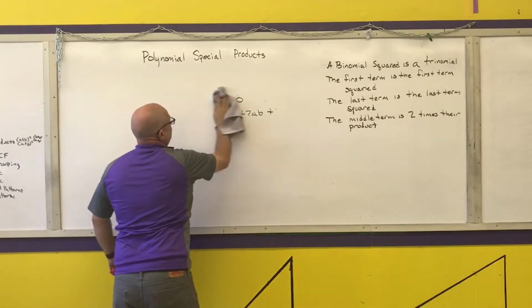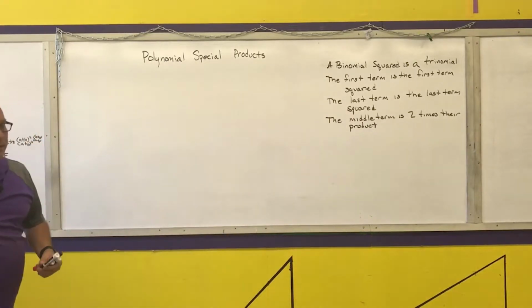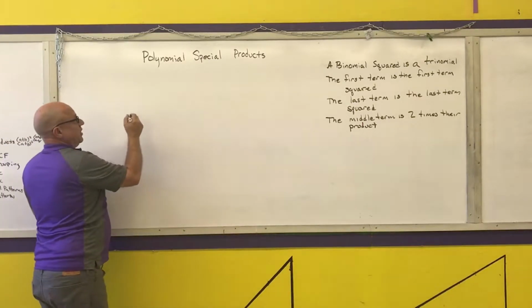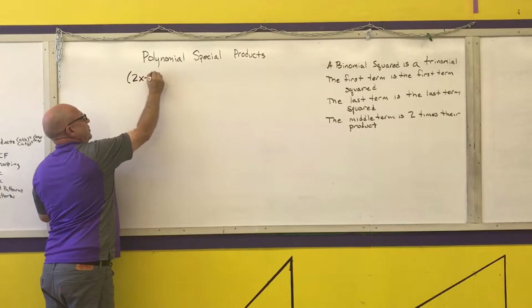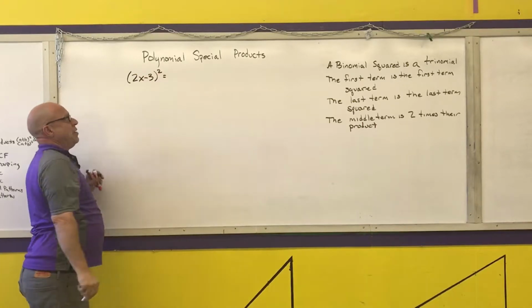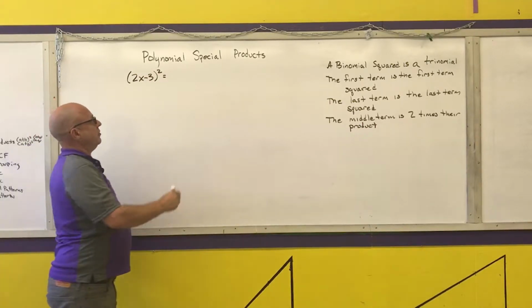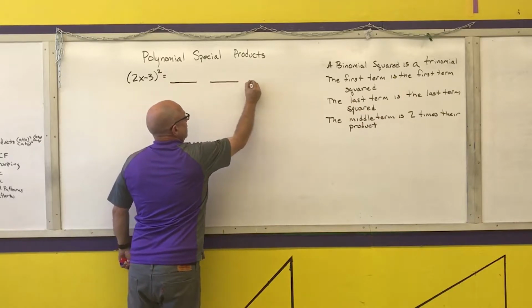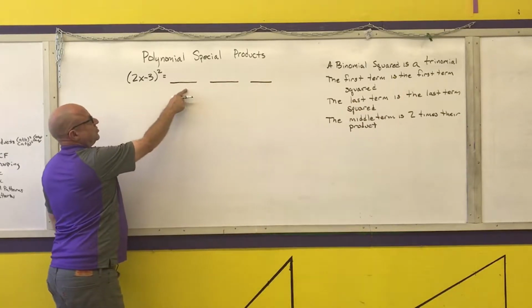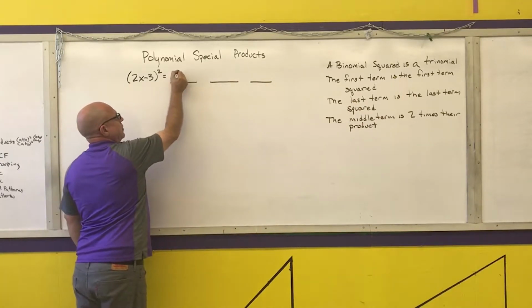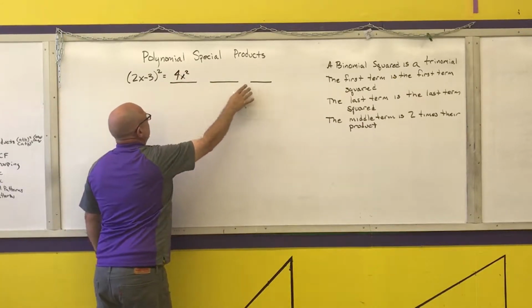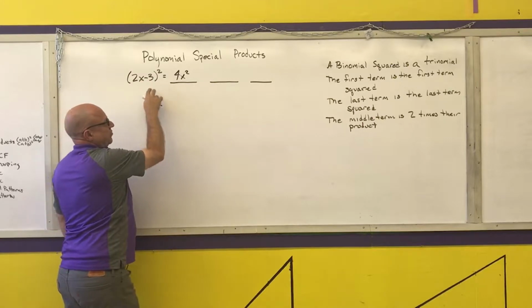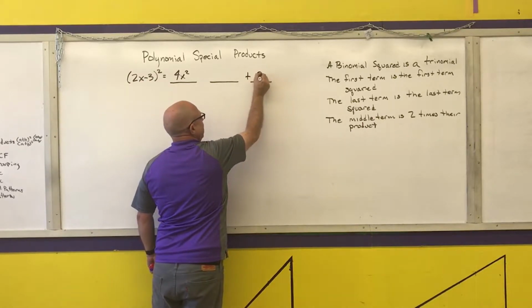So the square of a binomial, let's do 2x minus 3 squared. A binomial squared is a trinomial. The first term is the first term squared, 4x squared. The last term is the last term squared, which is negative 3 times negative 3, which is a positive 9.